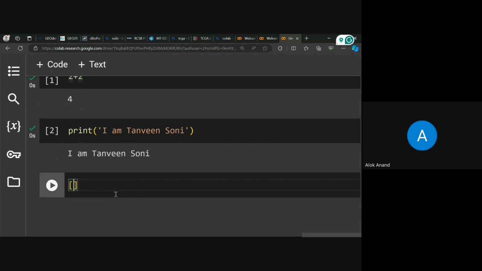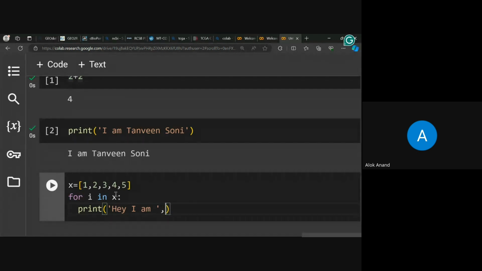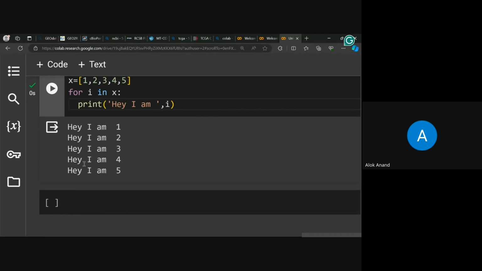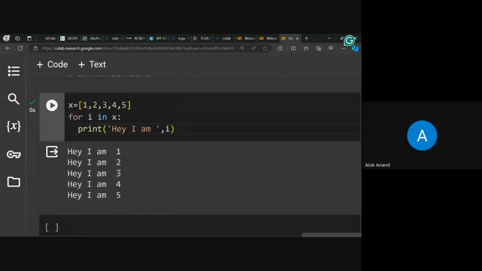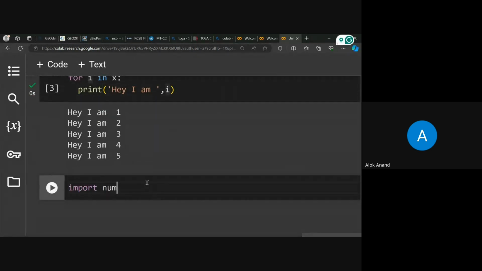Suppose I write x equal to 1, 2, 3, 4, 5, and for i in x, print hey I am i. Now see what I get: hey I am 1, hey I am 2, hey I am 3, hey I am 4, hey I am 5, and so on. I'm just giving a demo, so do not think about what I am doing. Just try to get an idea.